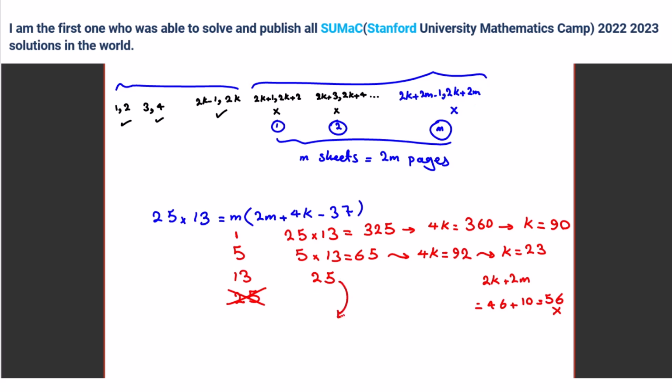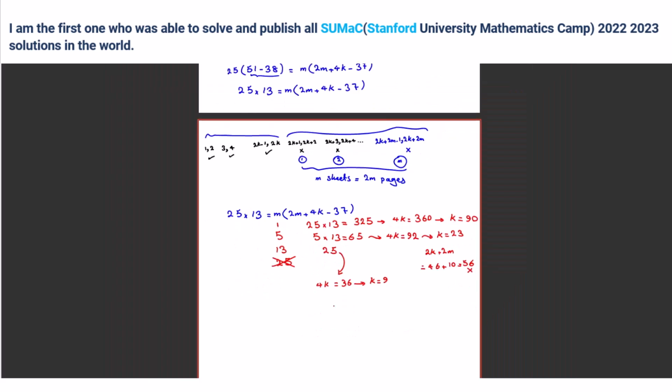Okay, and last part, m is 13. So 4k is 2 times 13 is 26. 26 minus 37 is minus 11. Plus 11 plus 25, 36, okay, k is 9, right?